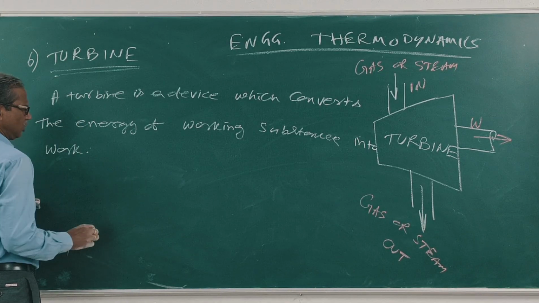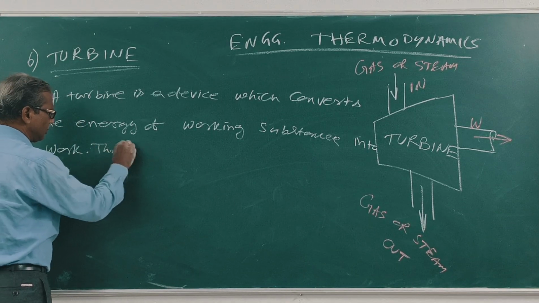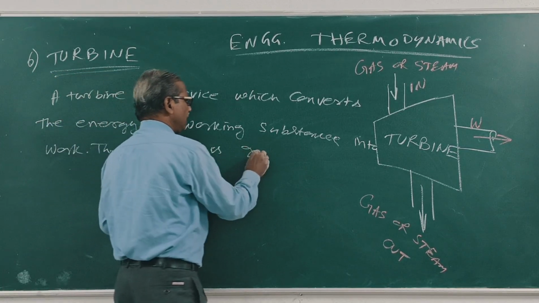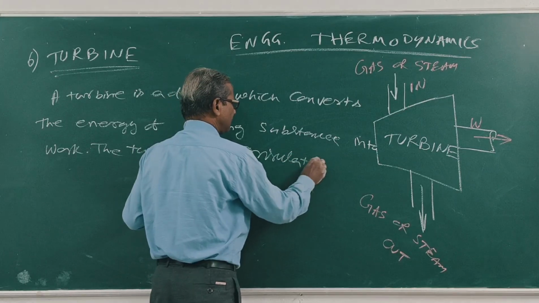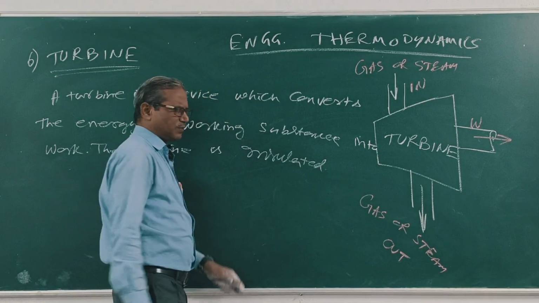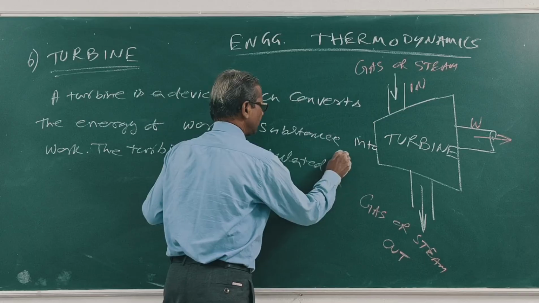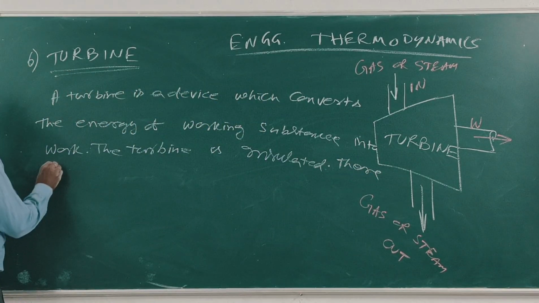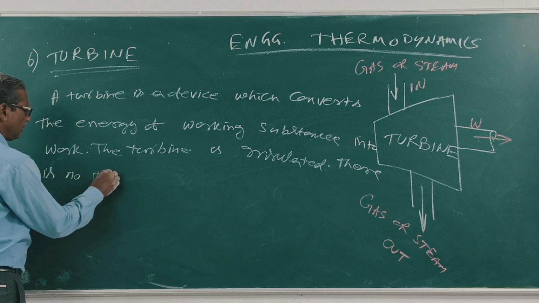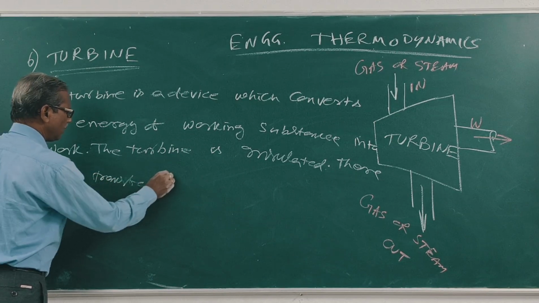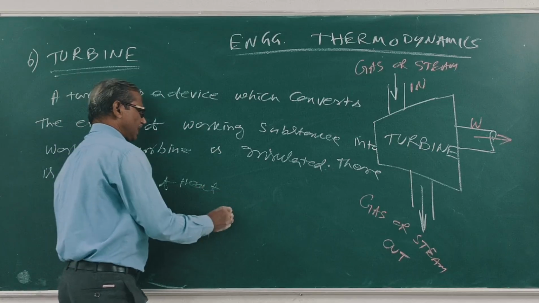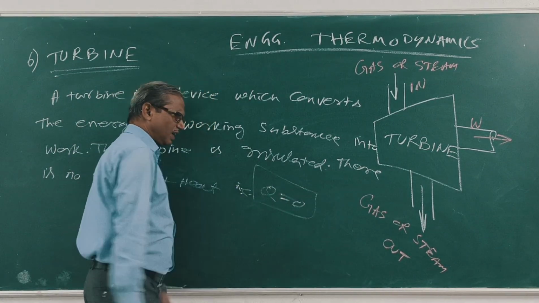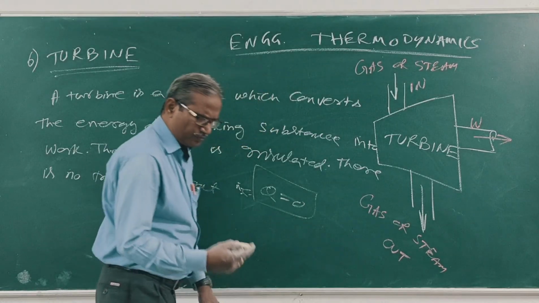Clear? The turbine is insulated, that is, there is no transfer of heat, that is, Q is equal to 0. Clear?